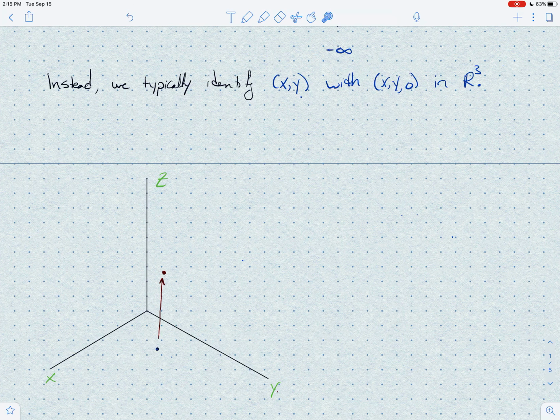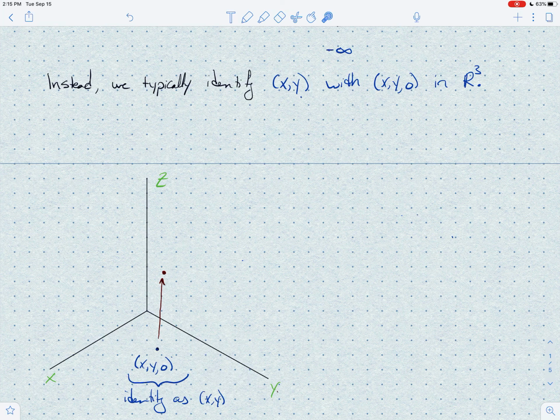And so here's how we're going to think about it. This point is the point x, y, 0, but we're typically going to identify this as our original x, y. So I'm going to talk about points in the xy plane as just x comma y. Don't think I've lost my mind. I just don't always write the 0. It's understood. If I put it in the xy plane like this, then you know the z coordinate is 0.